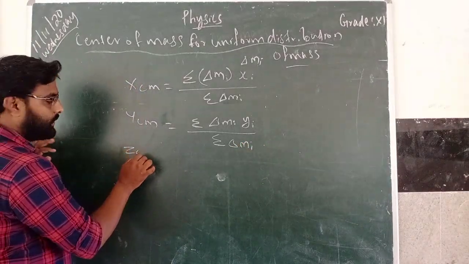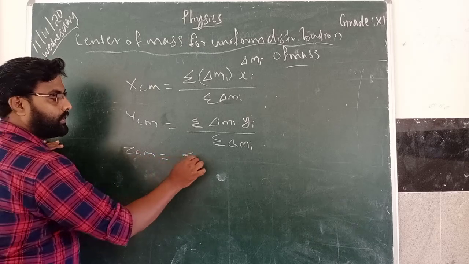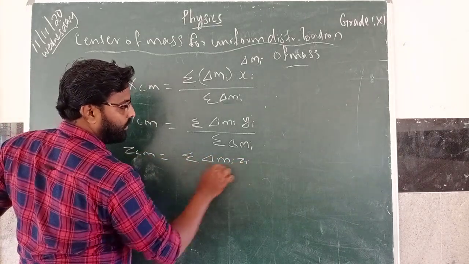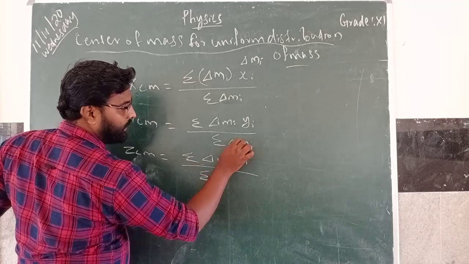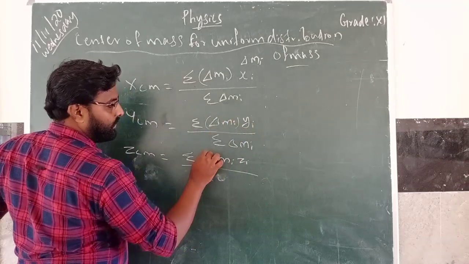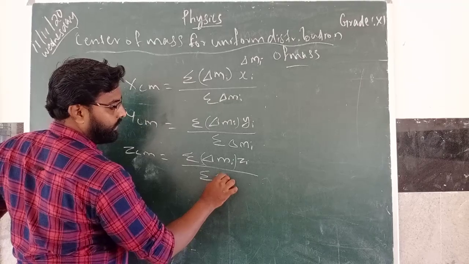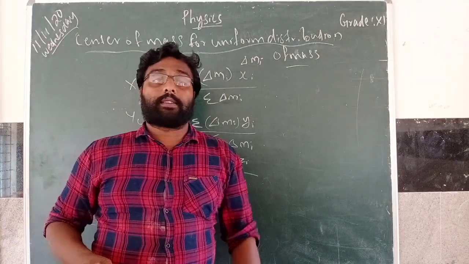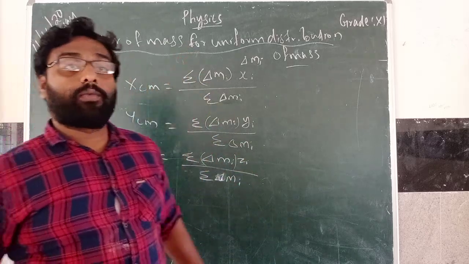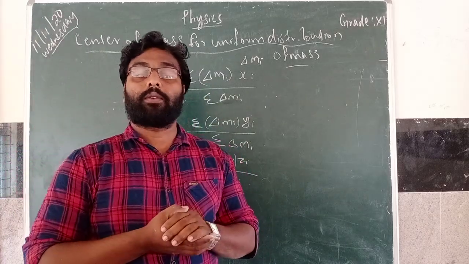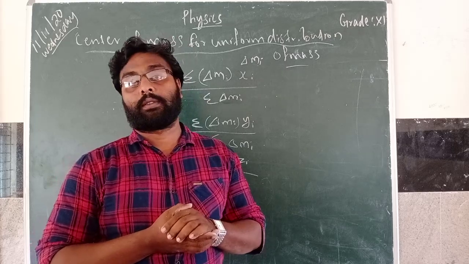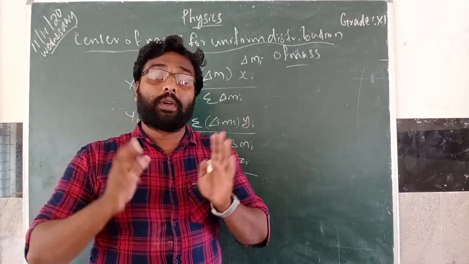For the z-axis, you can use summation delta mi zi by summation delta mi. These are the formulas you can use to find the center of mass for these distributed masses. One more method is there.